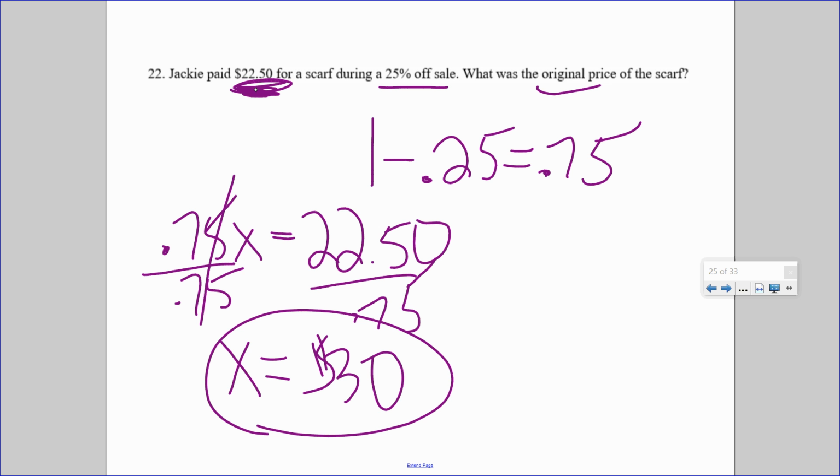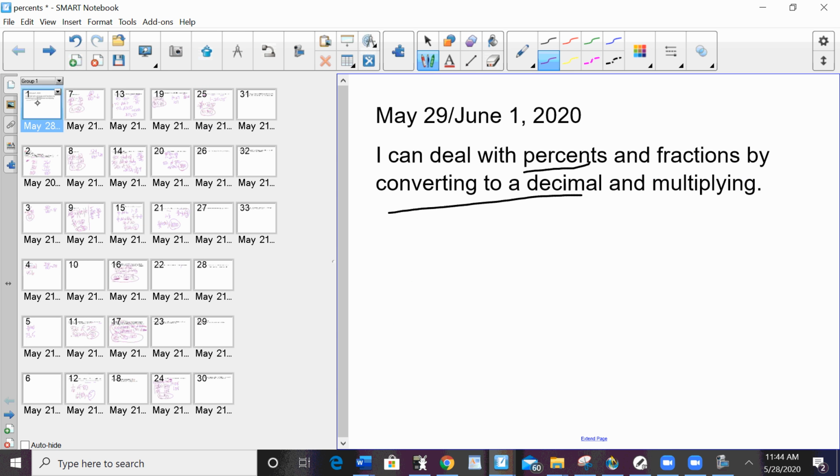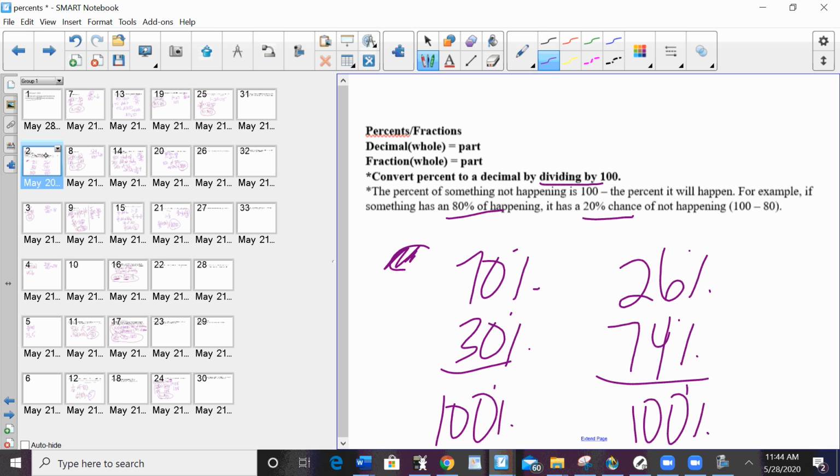Basically, as I said at the very beginning in the notes, it's the decimal times the whole equals the part. It's the decimal times the original equals the after amount. It's another way of thinking of it.